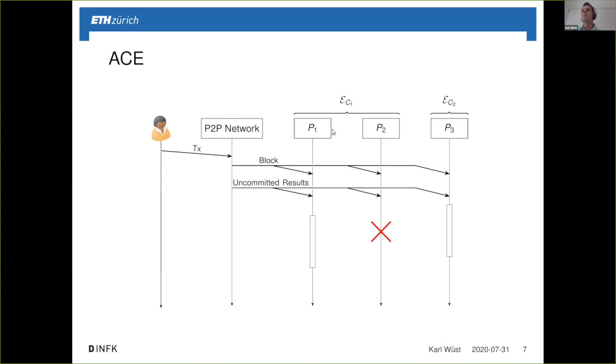So both sets of service providers execute the full call chain, so everything that C1 and C2 do. And in this case, P2 fails, but this doesn't matter because the quorum of 1 is enough. And so after this execution, they will sign the results and send them back to the peer-to-peer network. And there they will be included in a block and broadcast to everyone.